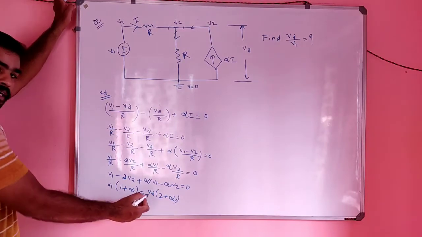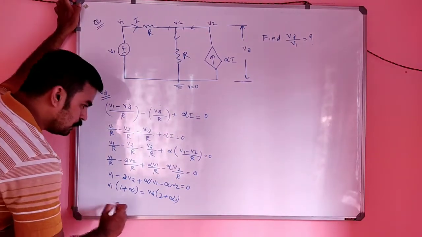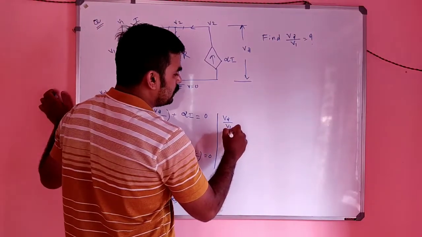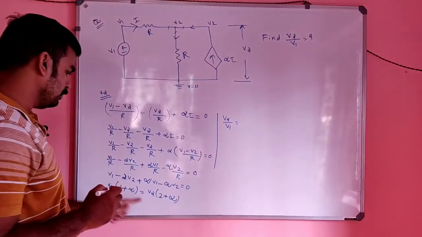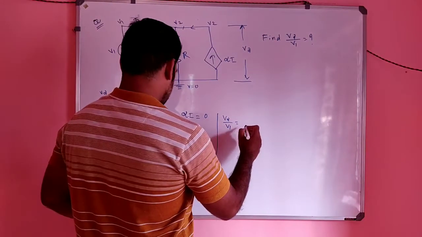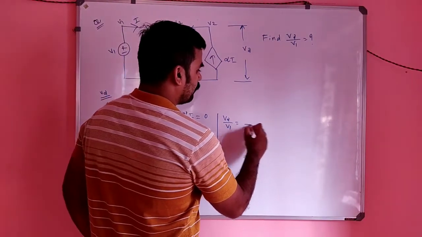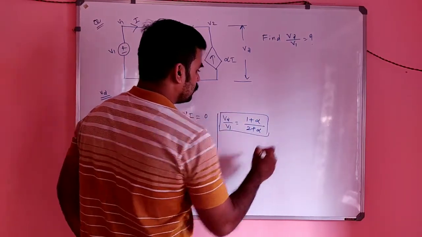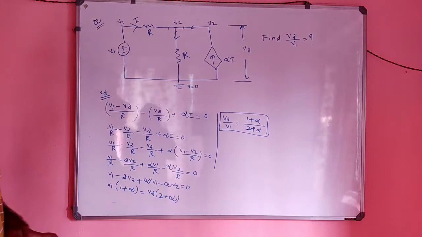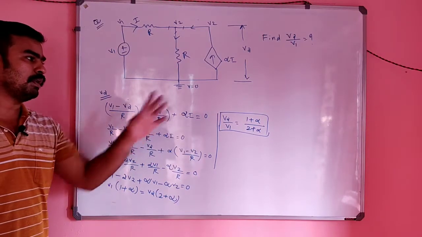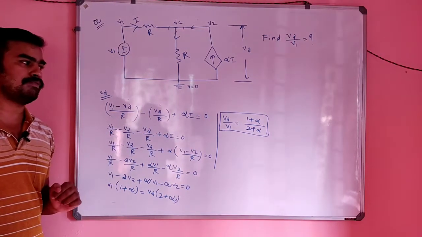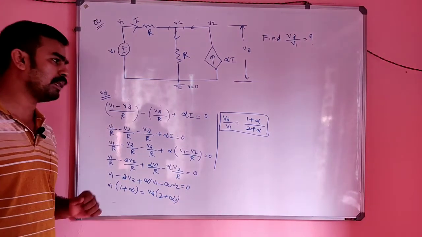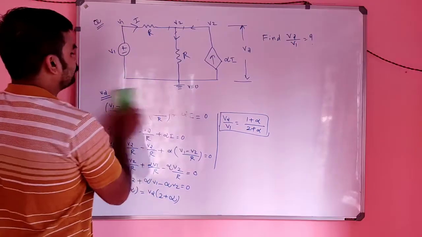So I can write V2 by V1 will be equal to 1 plus alpha divided by 2 plus alpha. So this is the answer. Okay, all of you get the point? Okay, let's move to another problem.